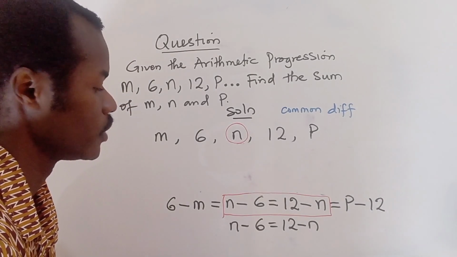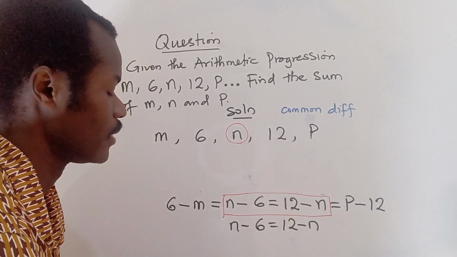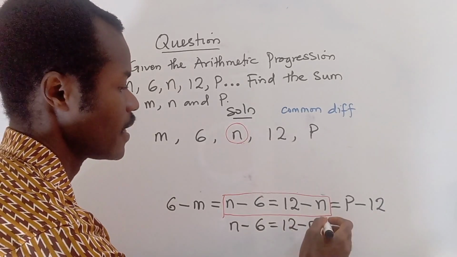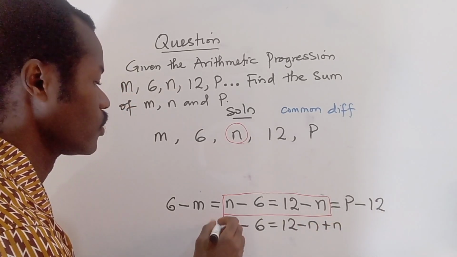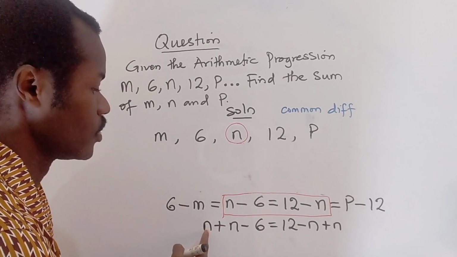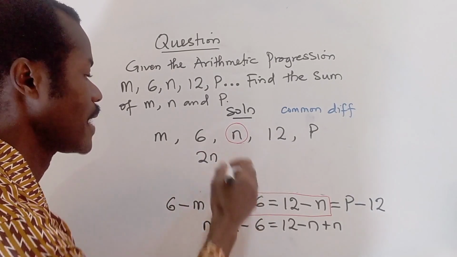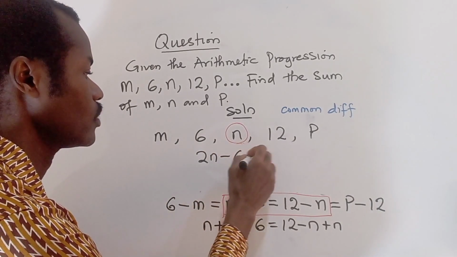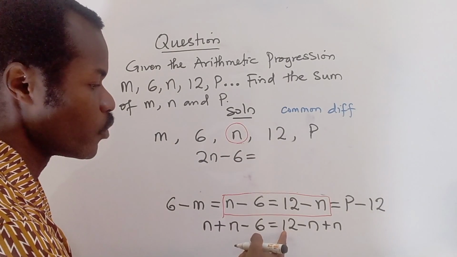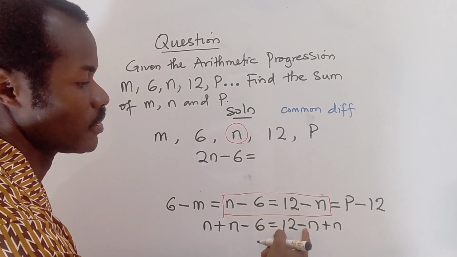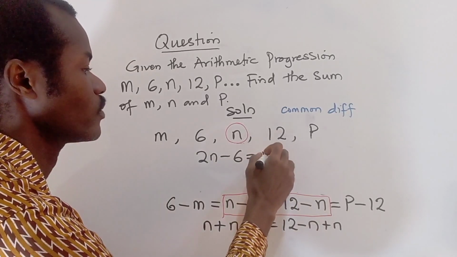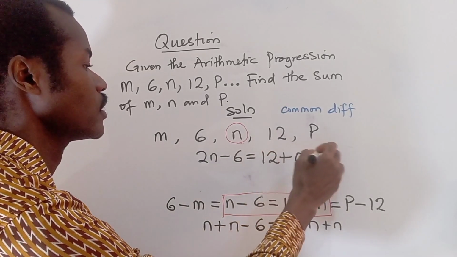All I need to do is add N to both sides. So N plus N gives us 2N, minus 6, is equal to 12 minus N plus N, which is 0, so we have 12 plus 0, which is still 12.